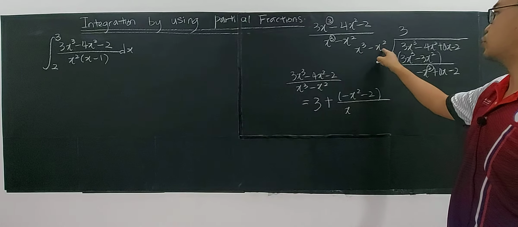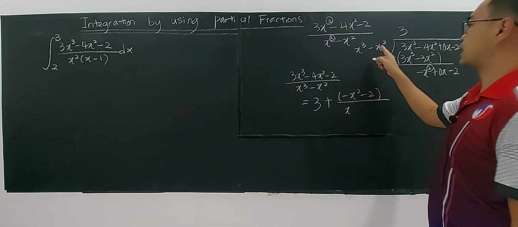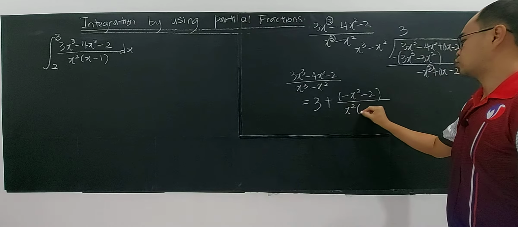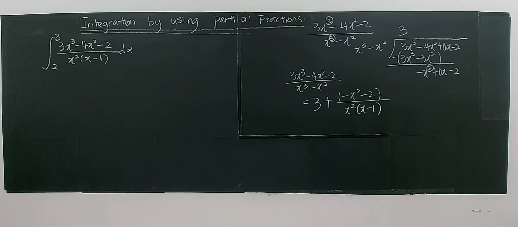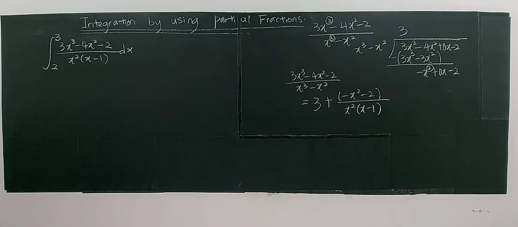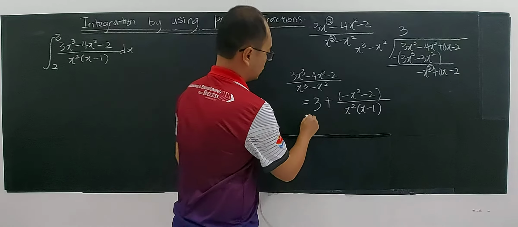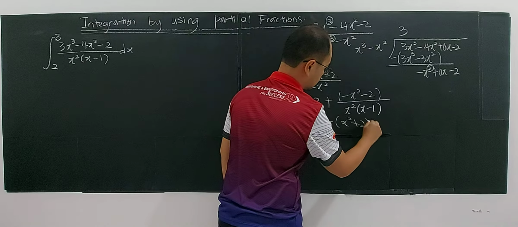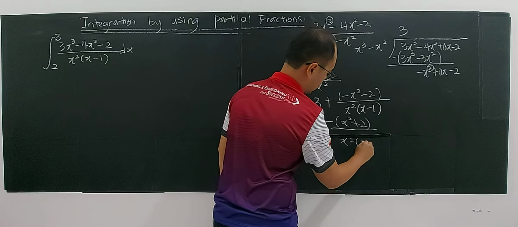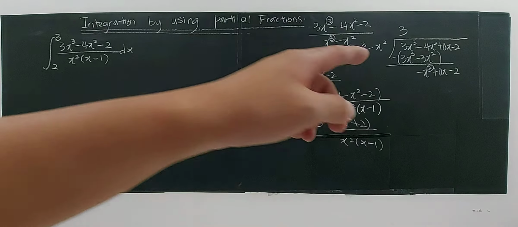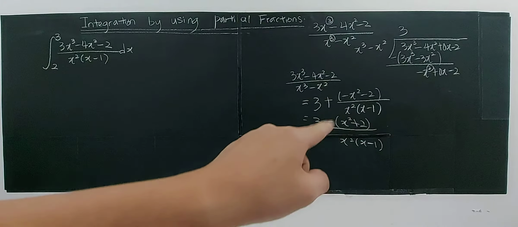Now the divisor, x cubed minus x squared, is the expanded form of this, so we rewrite to the original one, x squared times x minus 1, so that we can do the partial fraction easily later. So then we're getting 3, and we can take out the negative, so we have negative x squared plus 2 divided by x squared times x minus 1. Now I'm going to further decompose this part into partial fractions.